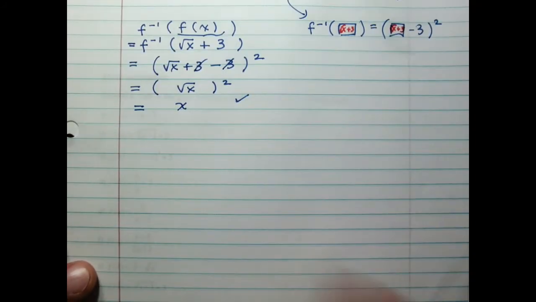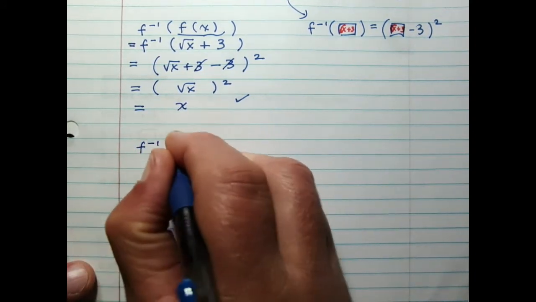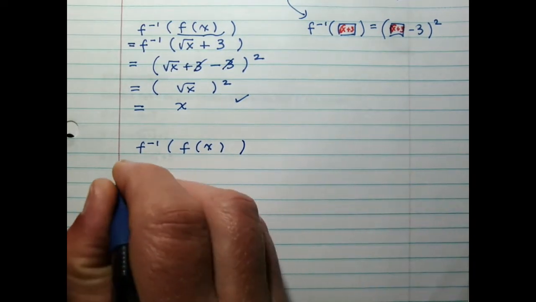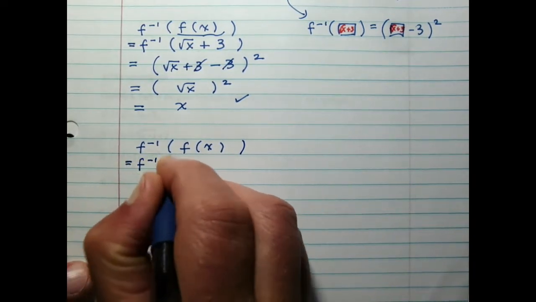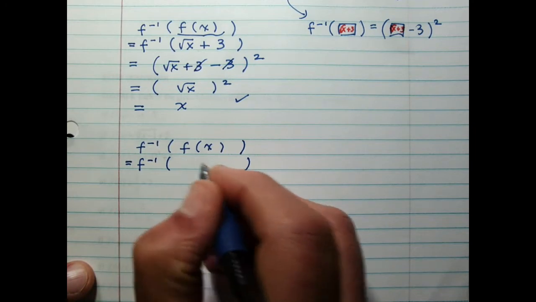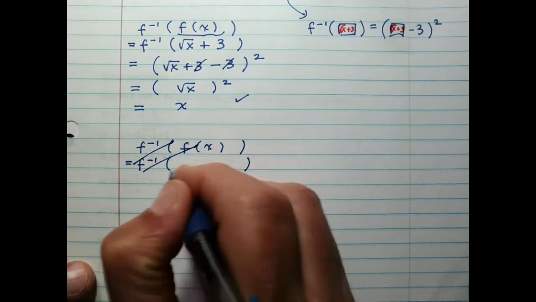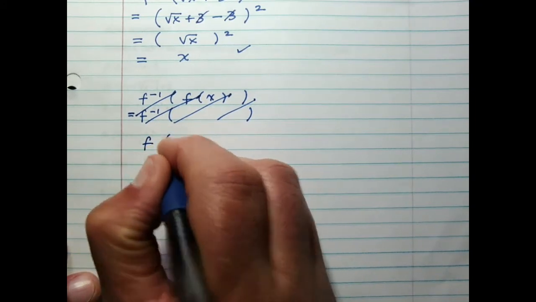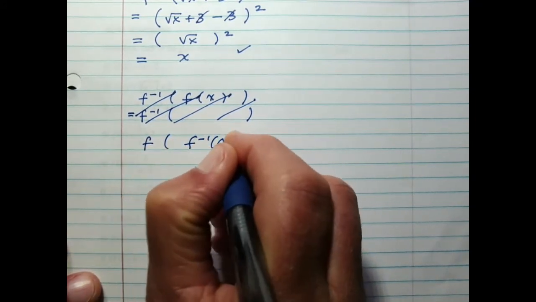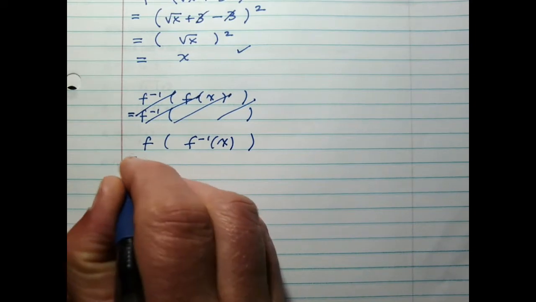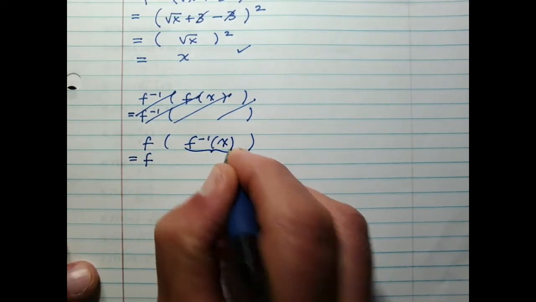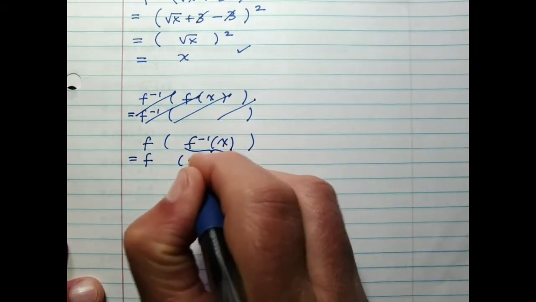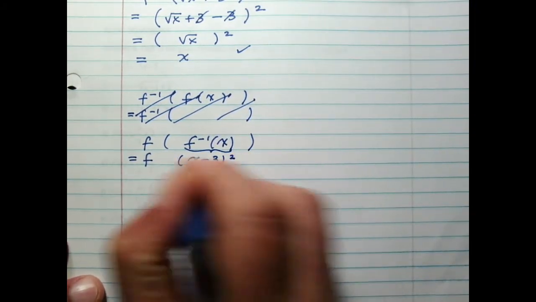Now we want to do that in reverse order. Sorry, I just wrote the same thing down, not the reverse order, so let's try again. We want f of f inverse of x, the reverse order. And so I'm going to place inside f inverse of x, the expression for f inverse of x, which is x minus 3 squared.